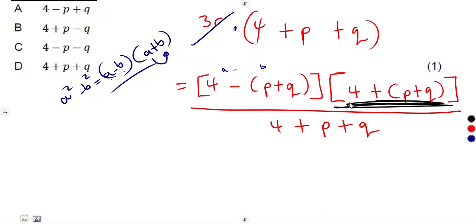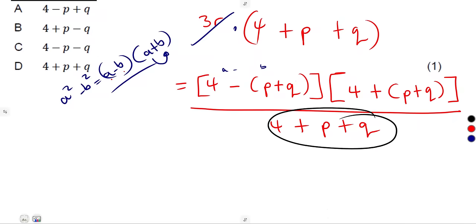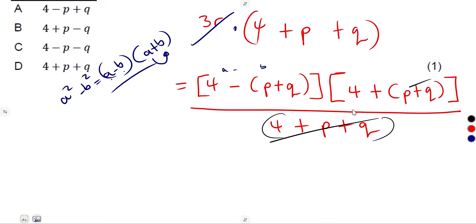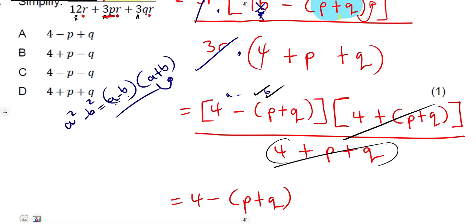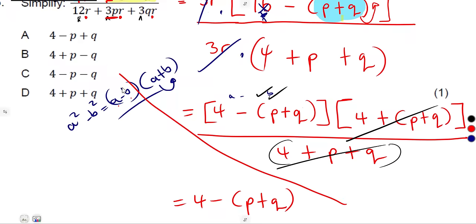So if you expand these, it is going to be exactly the same as this one. So this can cancel. You are left with the 4 minus P plus Q, which is not given here.